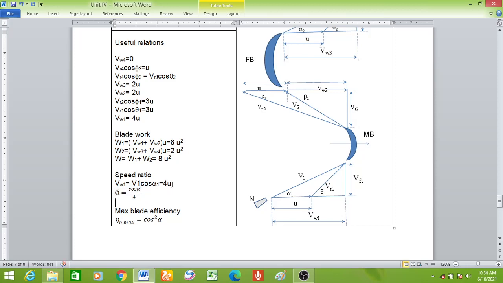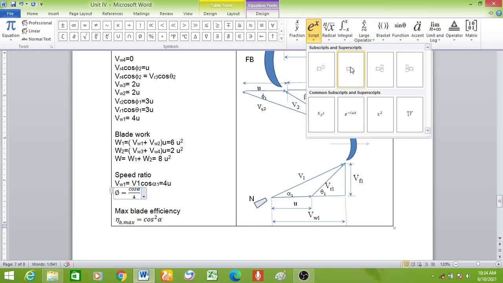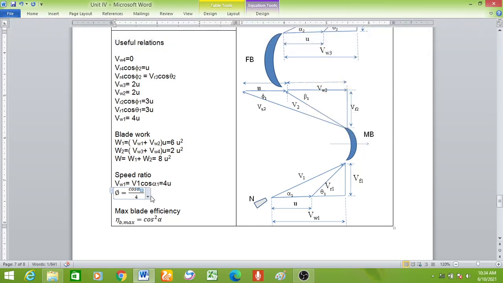You bring V1 to the denominator of the right hand side, and 4 to the denominator of the left hand side. So you can write it as cos alpha1 by 4.